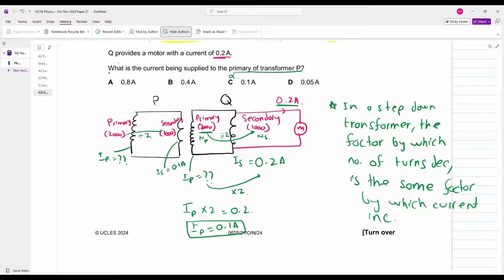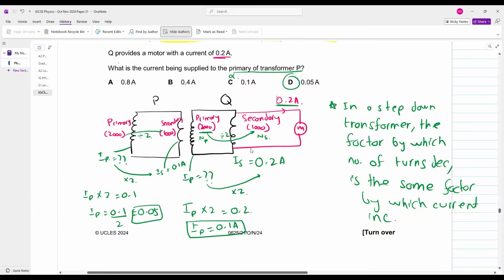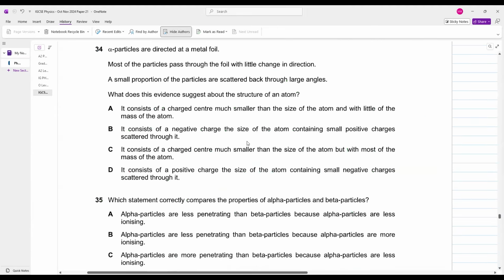Divide by 2. Your current must have gotten multiplied by 2. IP multiplied by 2 is equal to 0.1. What is the IP in the transformer P? 0.05 ampere is your answer. D is your answer. So the current in the primary coil of transformer P is 0.05 ampere. Easy peasy. Let's move ahead.